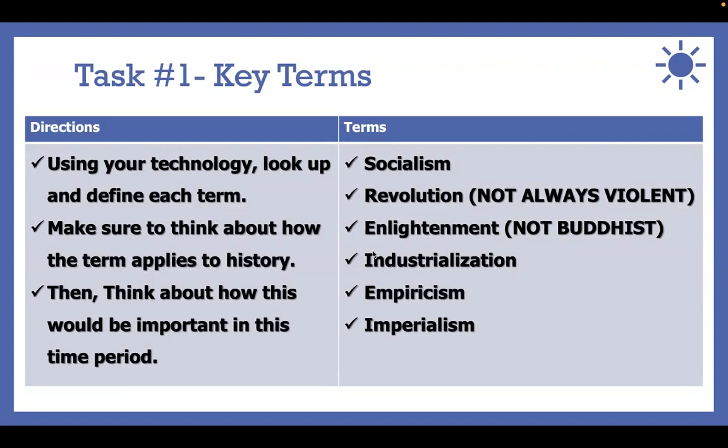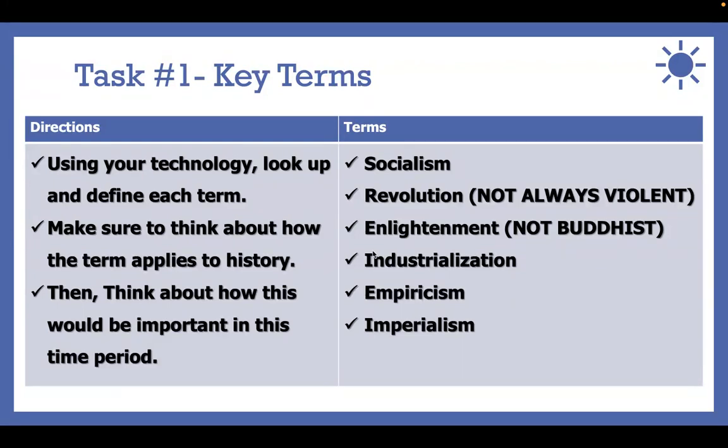My suggestion is maybe you can find a Unit 5 Quizlet or whatever website that you can get from another teacher. But I want you not only to define it, but I want you to think about how this applies to history, and why it would be important to this period.